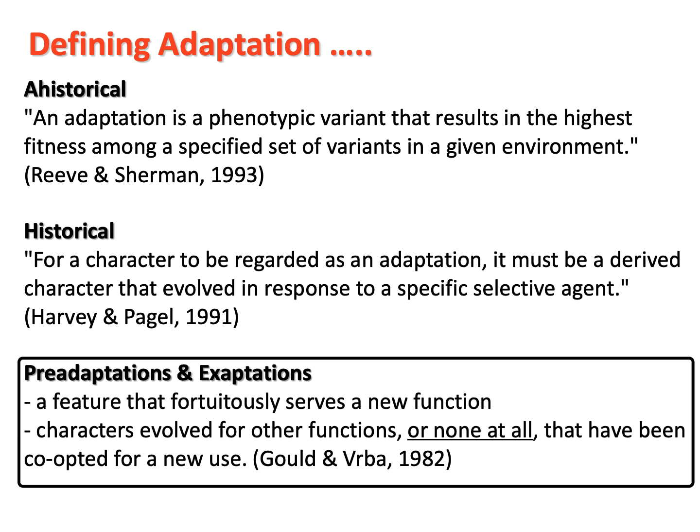And then this last one, a feature that fortuitously serves a new function. That is, it wasn't predestined to do that, but it happened to perform an adaptive or positive fitness function in the environment, or characters evolved for other functions or none at all that have been co-opted for a new use.